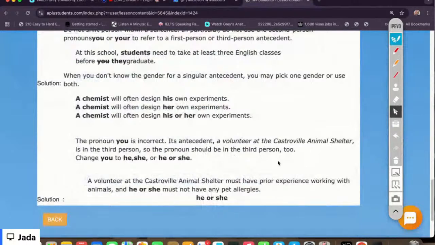So the pronoun should be in third person too. So you change you to he or she. Because we do not know the gender of the volunteer, we cannot really tell who the volunteer would be. Is it male or female? So we just go ahead and use he or she, just because we're not certain what the gender is.